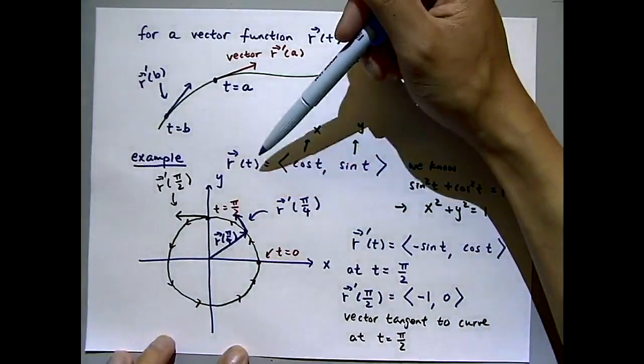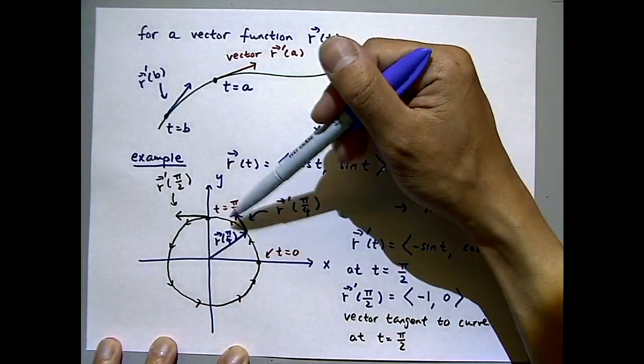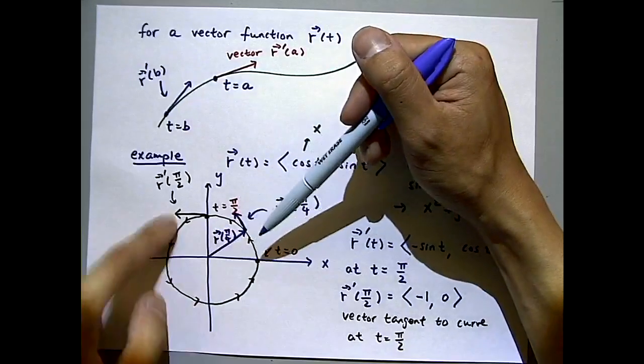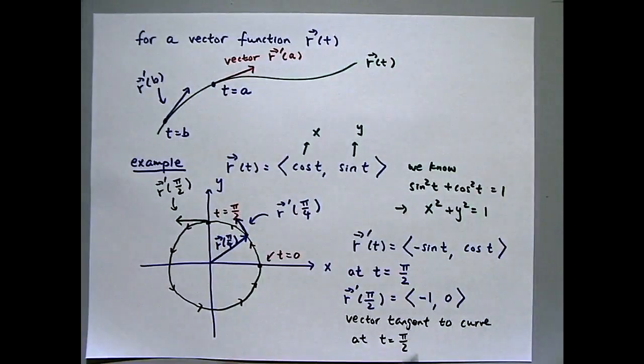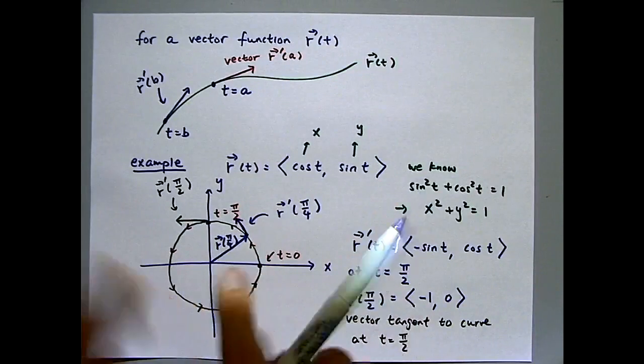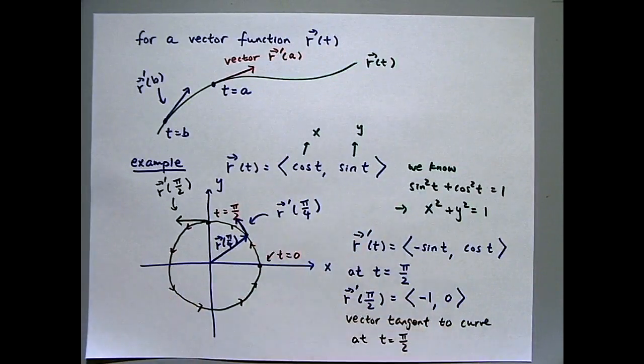And the derivative of that vector function is tangent to the green curve, the space curve, at that point. For a circle, these two things are always perpendicular to each other. But in general, these two are not perpendicular. For a circle, it is true, but not in general.